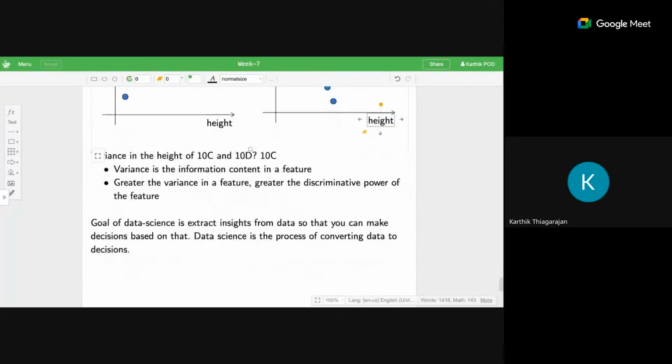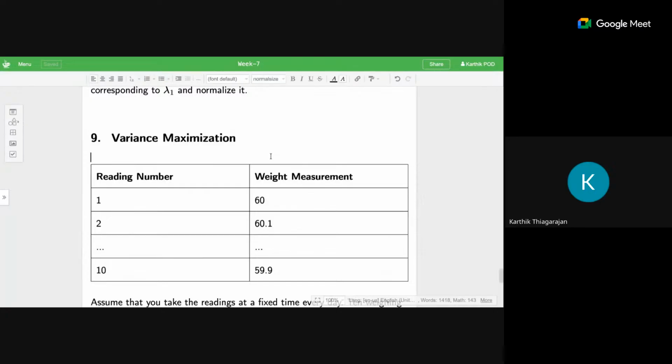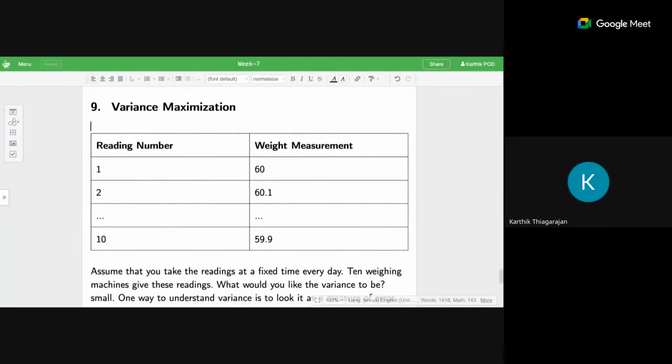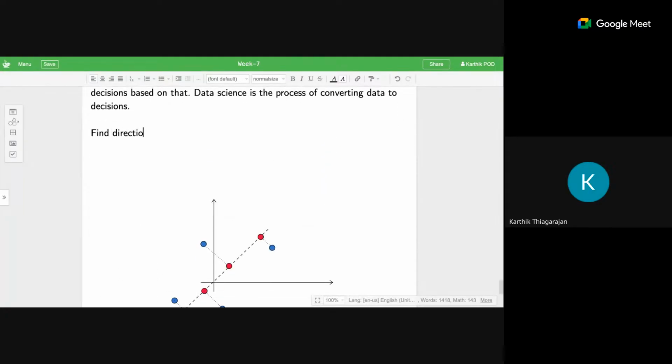Higher variance means higher information. So one way to think of finding patterns in a data set is to find directions in which the variance or the information content is maximum.